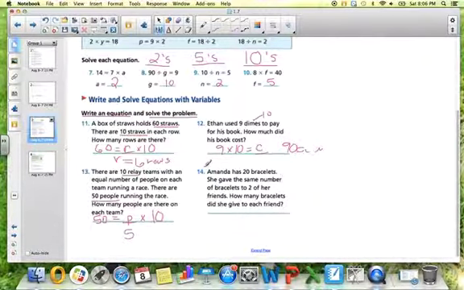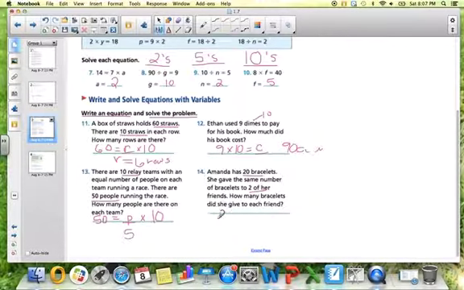Number 14. Amanda has 20 bracelets. She gave the same number of bracelets to 2 of her friends. How many bracelets did she give to each friend? There's 20 bracelets, and she gave the same number to 2 of her friends. So we're going to use B as our variable letter because we're trying to find bracelets.